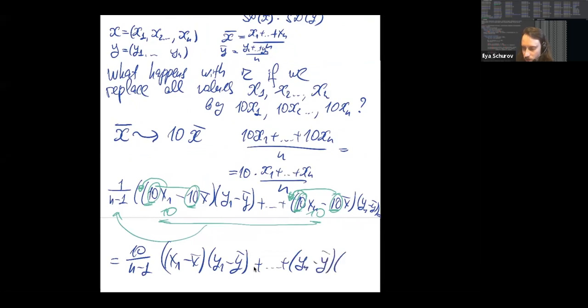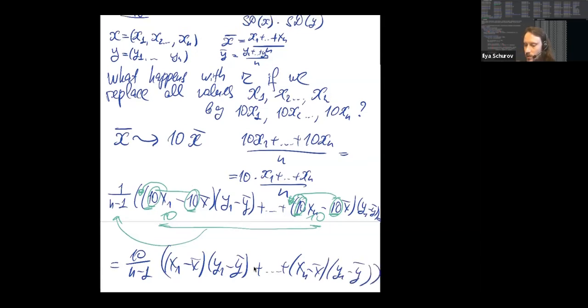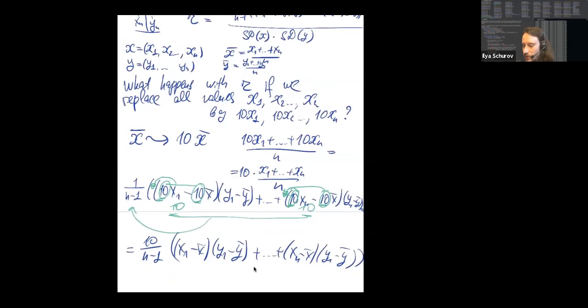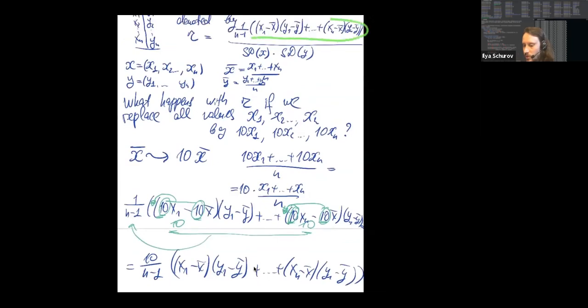So the numerator will be increased again by multiplication by 10. It will be 10 times larger.